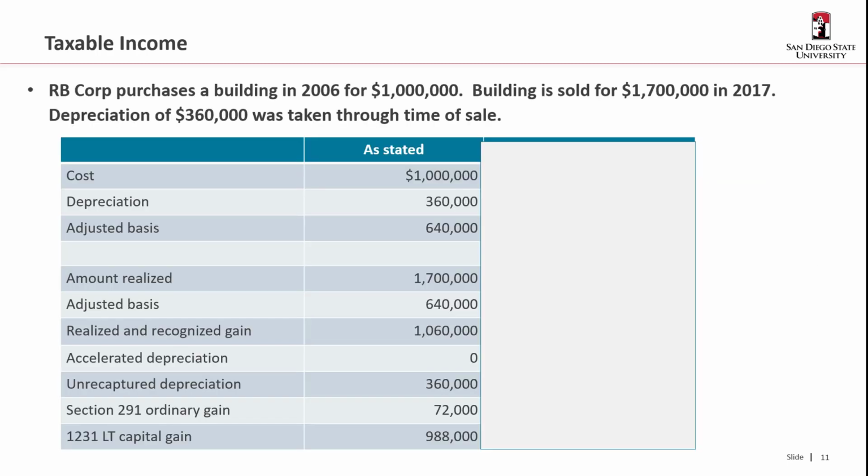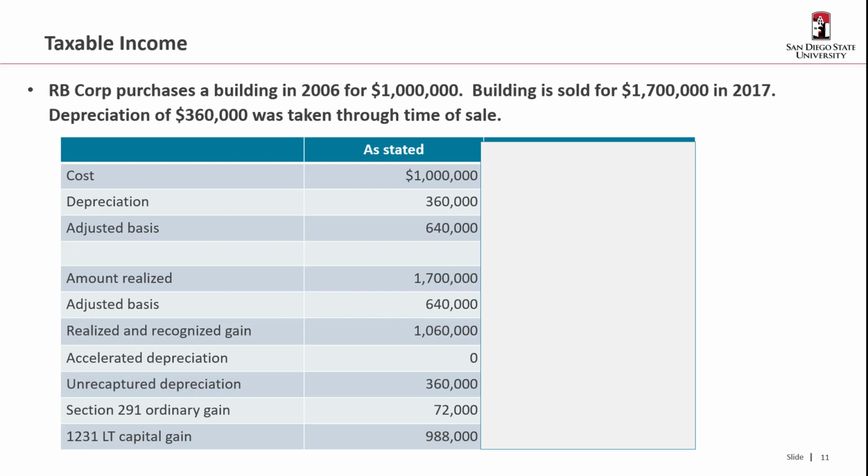Okay, so let's do an example. RB Corp purchases a building in 2006 for $1 million. Then, looks like about 11 years later, the building is sold for $1.7 million. Depreciation of $360,000 was taken through the time of the sale. So when I look at the cost, the building cost $1 million.